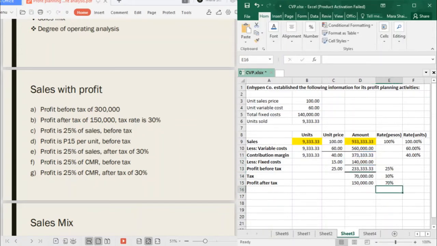So there. If we complete it, we arrive at a profit of 233.33.